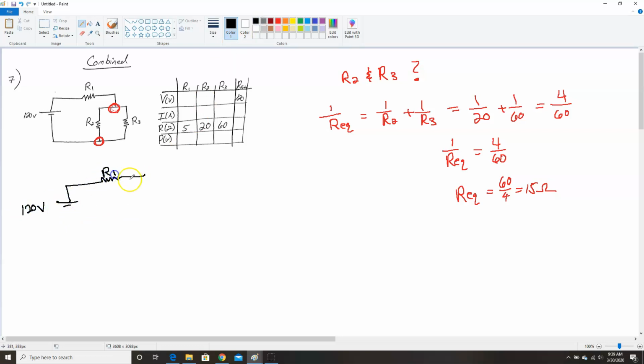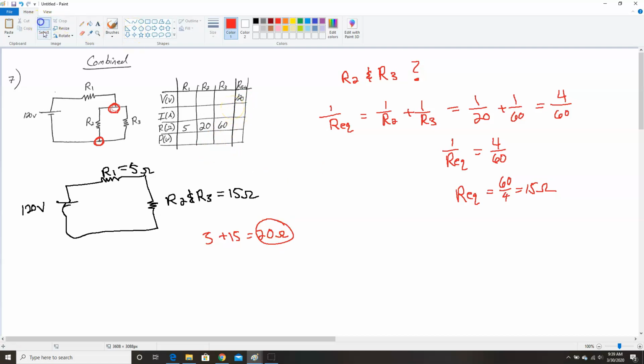Here's R1, and instead of having that 2-3 parallel branch, I'm going to have 2-3 combined as a 15 ohm resistor. R1 is a 5 ohm resistor. Now it's just a matter of adding them like you would normally in series. So 5 plus 15 is 20 ohms. So the total resistance for the entire circuit is 20 ohms.